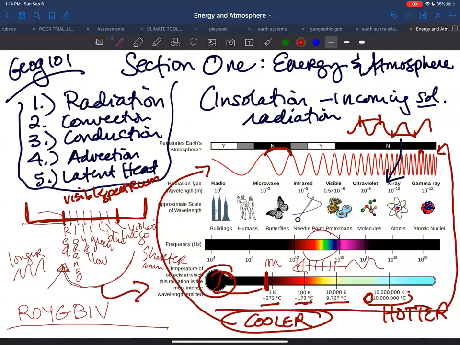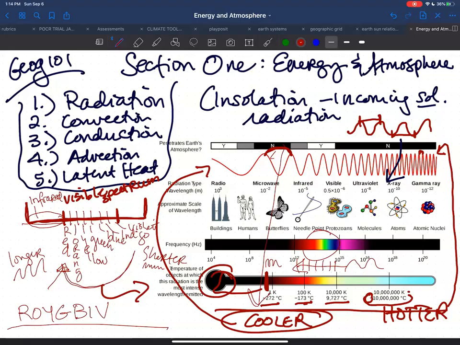On the longer side, we have wavelengths in the infrared. And remember, longer is cooler.